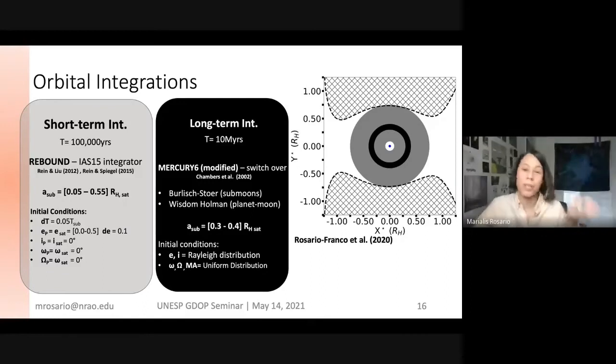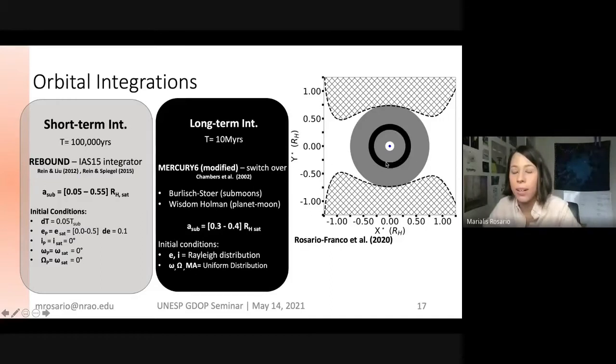It's a modified version of Mercury 6 that allows us to switch between Bulirsch-Stoer and Wisdom-Holman. So it allows us to use one for submoons and one to evaluate the planet and the moon. The reason we do this is because initially we did the short-term simulations and we saw a truncation around the black area that we see here.